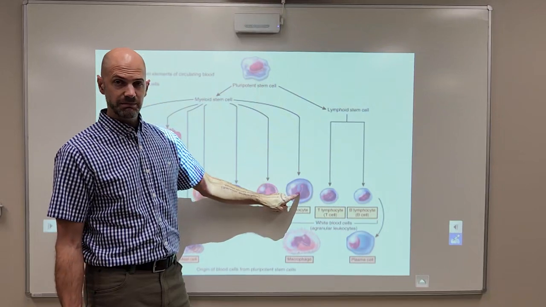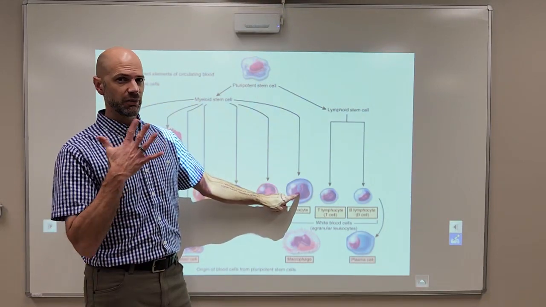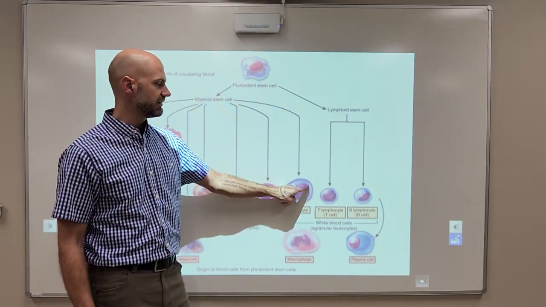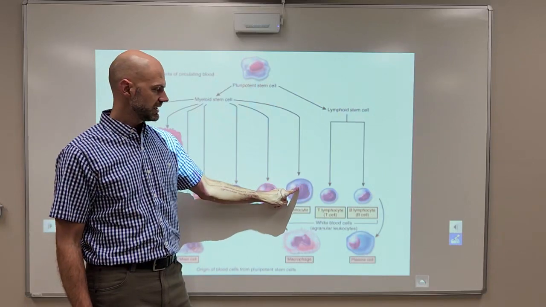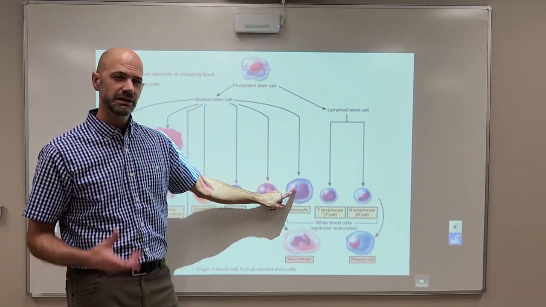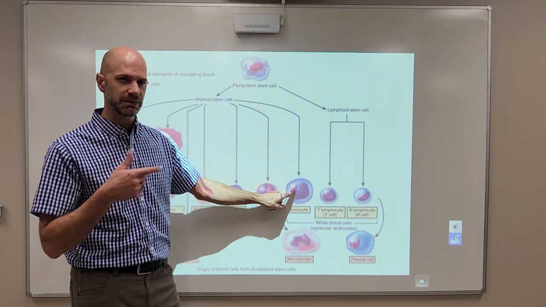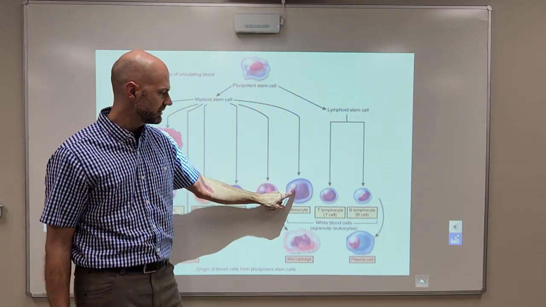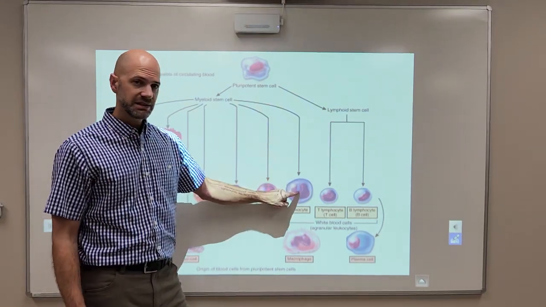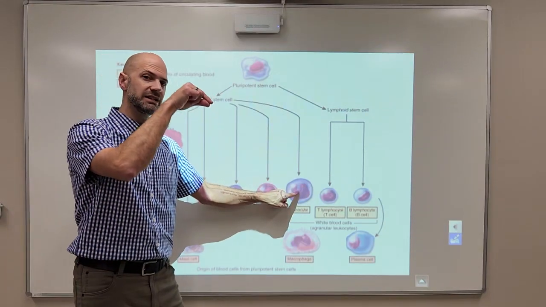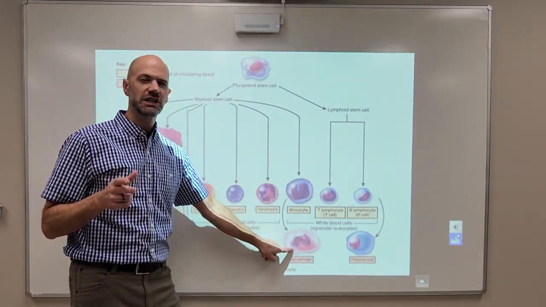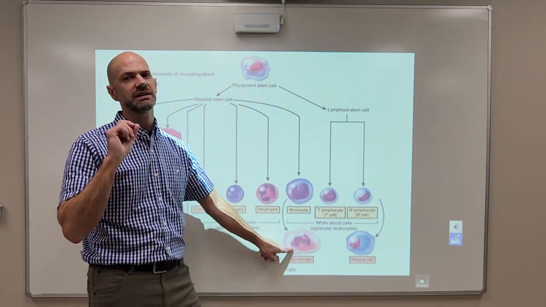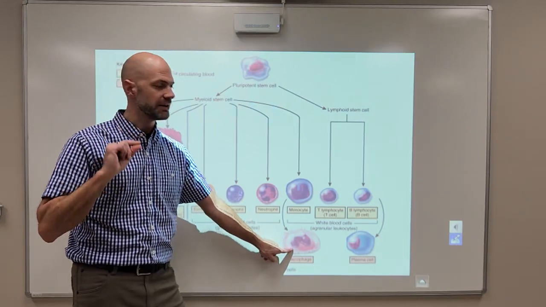Monocyte is the biggest of the five white blood cells in its size. It has a very large nucleus, and its nucleus happens to be kind of a kidney bean shape, with a slight C shape to it. When monocytes navigate from the blood into tissue, it changes name. The convenient thing is it keeps the M as the first letter.